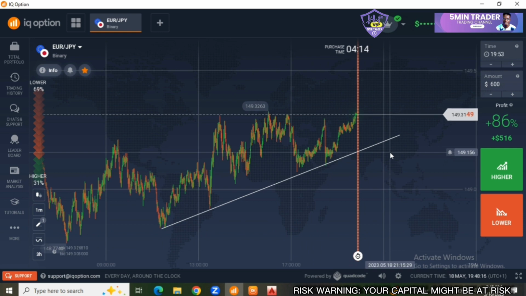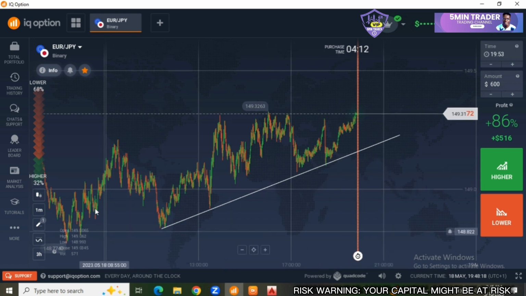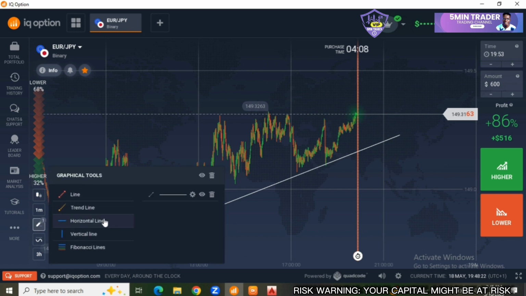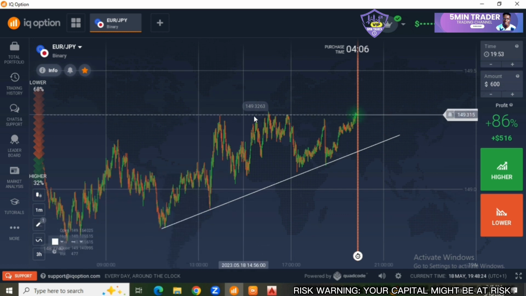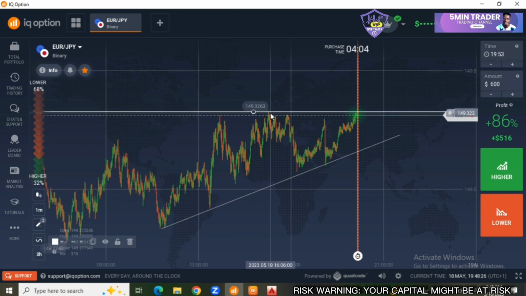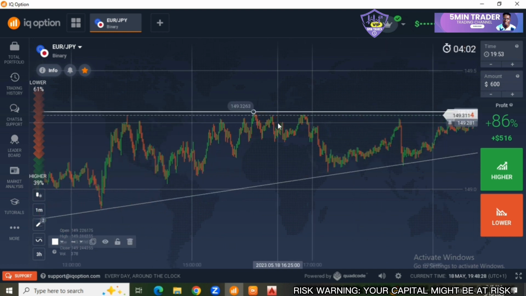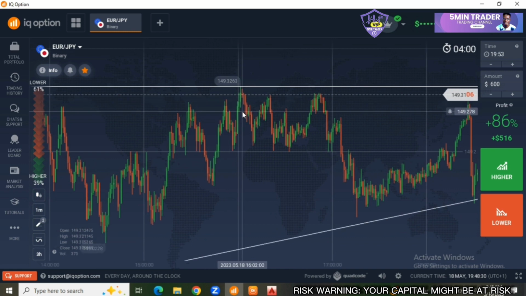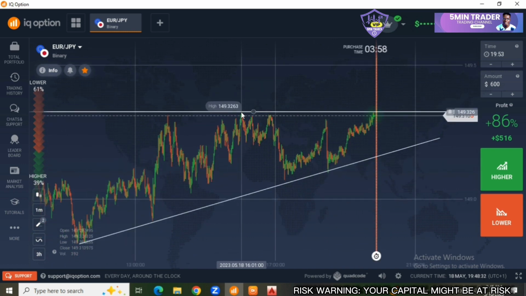Another thing is we can also see that the market is approaching a very important area, which is an extreme level. For those of you who don't know, extreme levels are the highest point of any market.